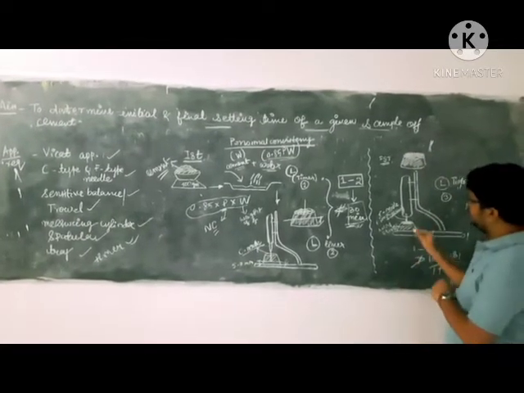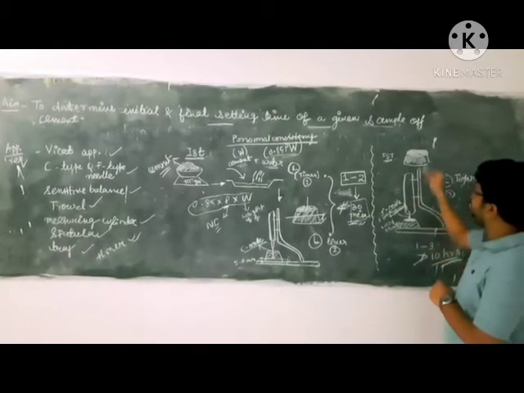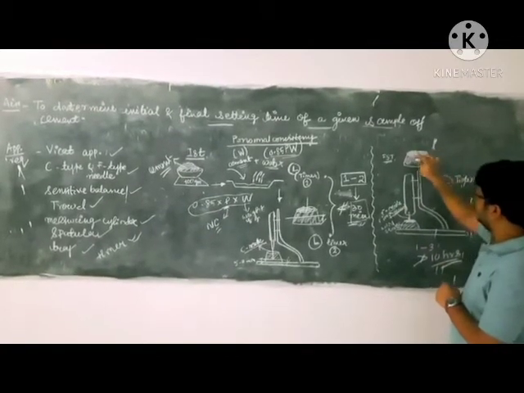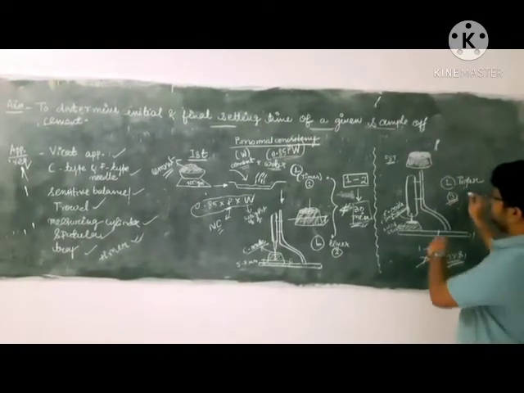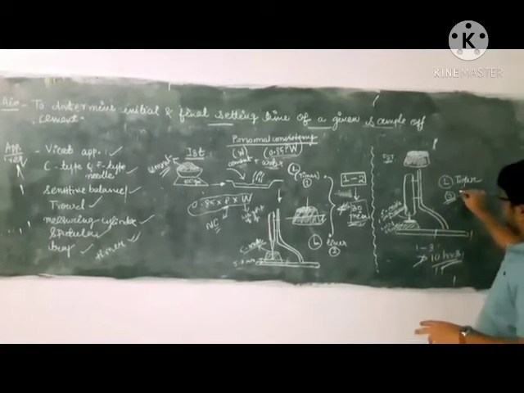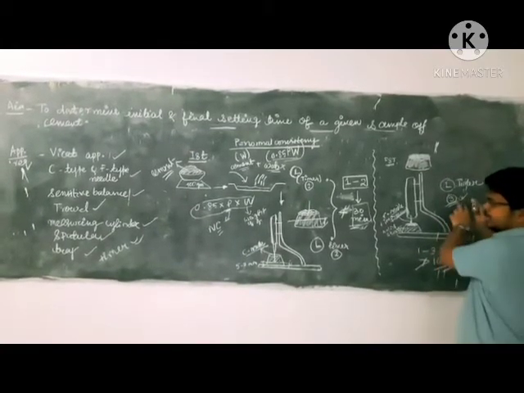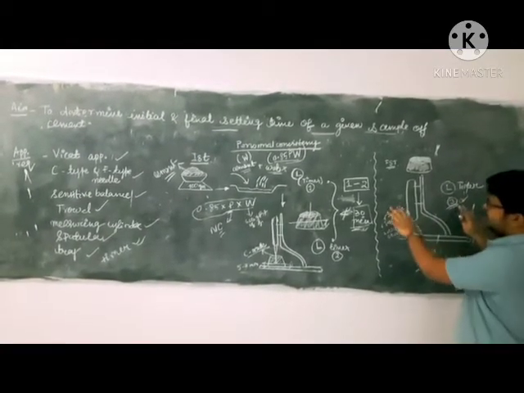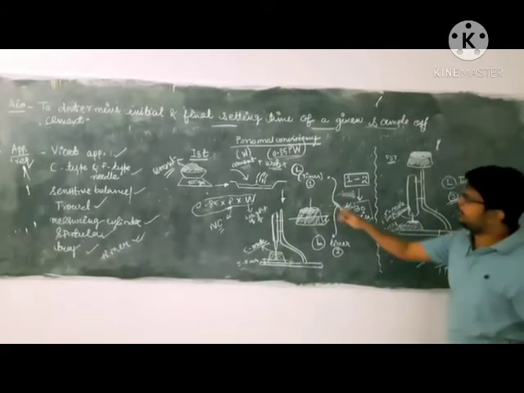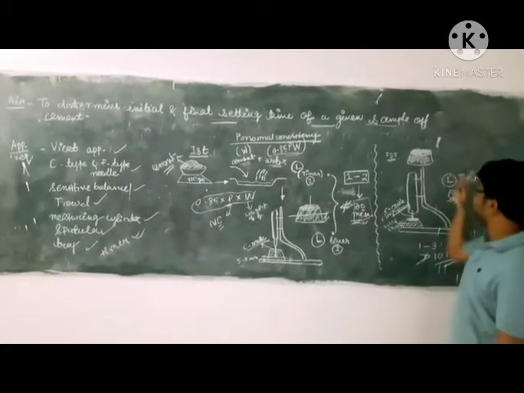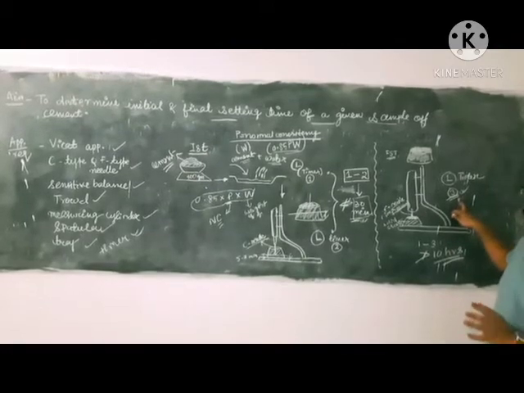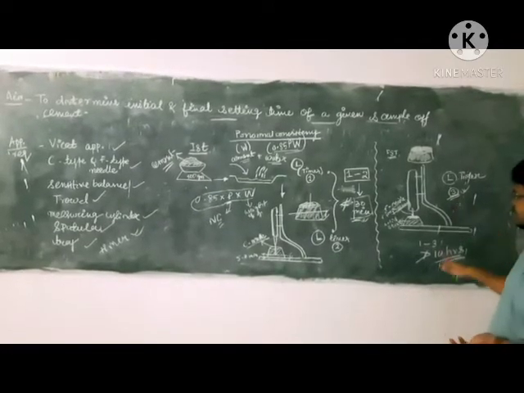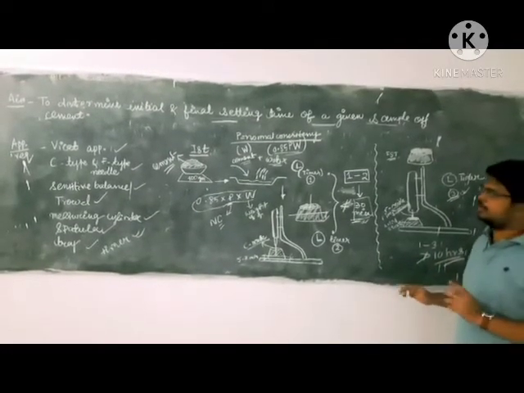The time when the F type needle makes an impression on the surface is noted as point 3. The time elapsed between point 1 and point 3 is our final setting time, and that should not be more than 10 hours.